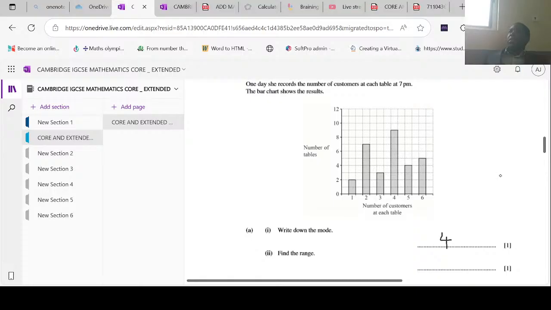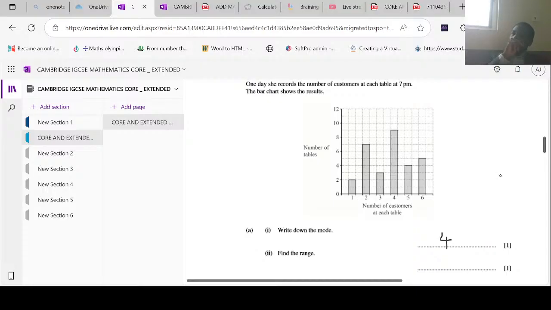For instance, if we are counting the number of boys and girls in a class, and the number of boys is higher than the number of girls, then the boys are in the modal group, isn't it? So in this sense, the mode is 4. The mode is not 9. 9 is just the value of the mode's frequency. So now if they ask us to find the range, it is the highest value minus the lowest value.